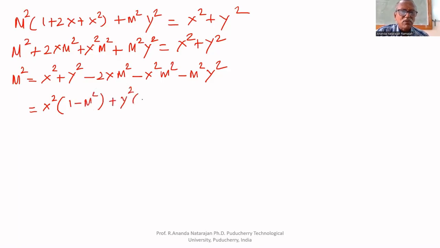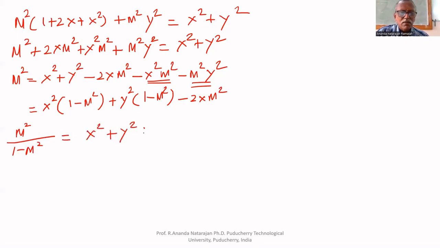Similarly, bring y square together: 1 minus M square times y square. The only remaining thing is minus 2x M square. Divide on both sides by 1 minus M square. You will get M square upon 1 minus M square equals x square plus y square minus 2x M square upon 1 minus M square.